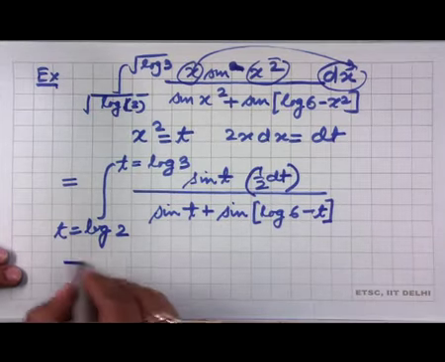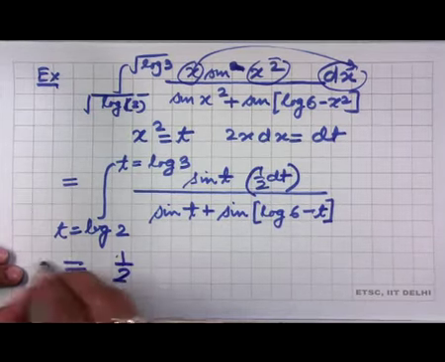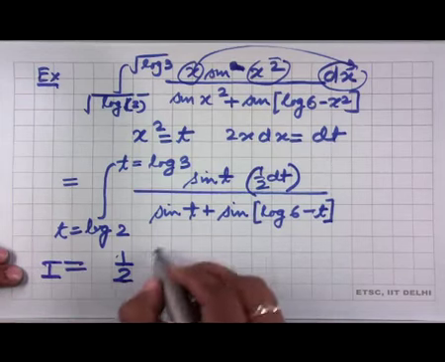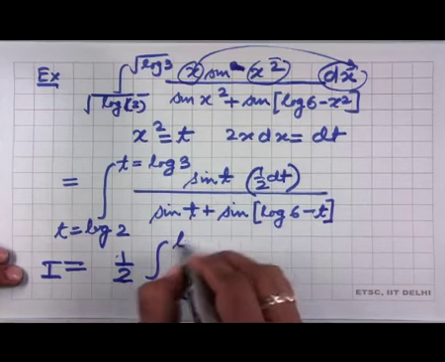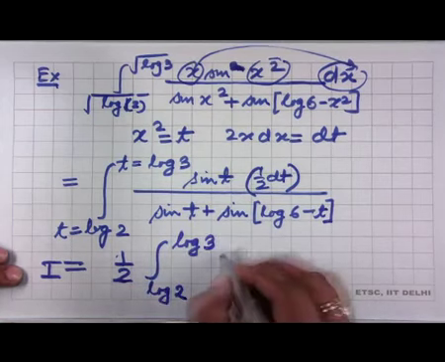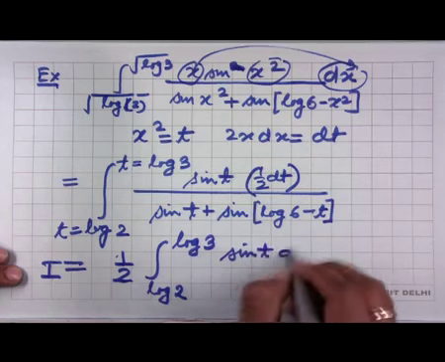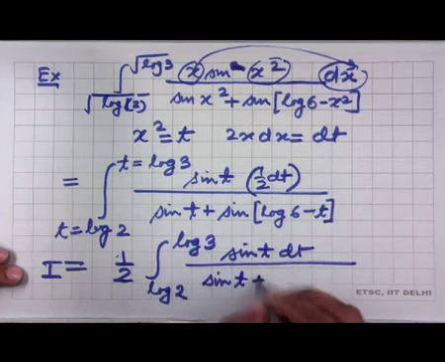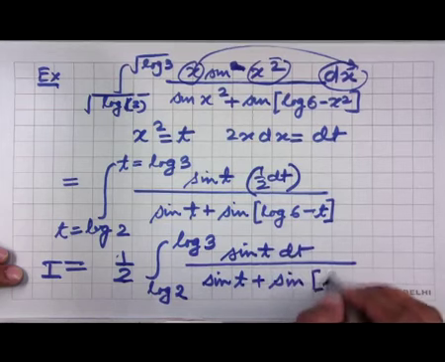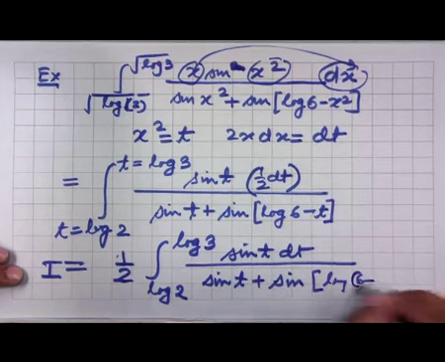So your integral, say it is I, is one by 2 times the integral from log 2 to log 3 of sin t dt by (sin t plus sin of (log 6 minus t)).